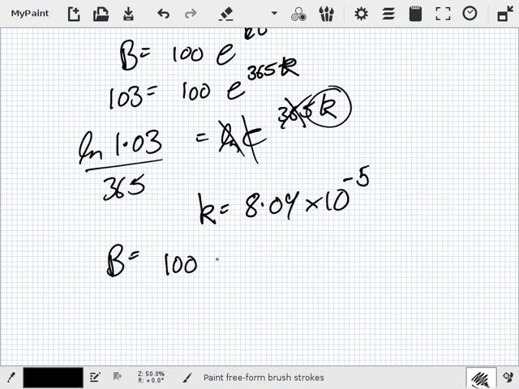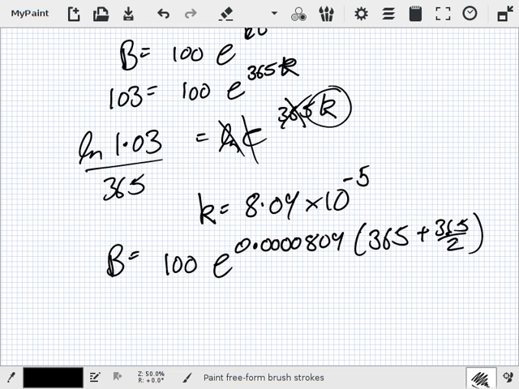A e to the K T. And the T is 365 plus half of 365, which is 547.5. So what do we get? Like 105 or something? 104.5? Like this. Yeah. Okay. That's number 2.